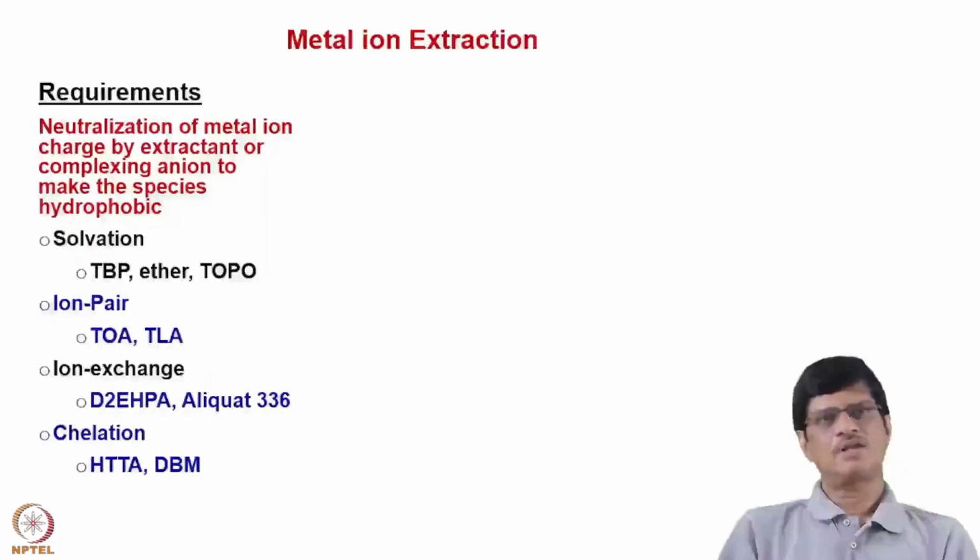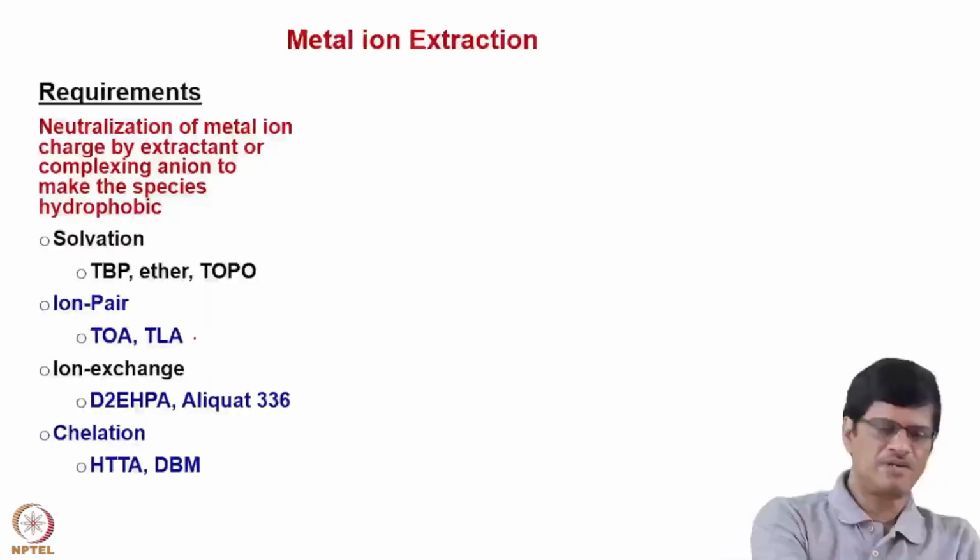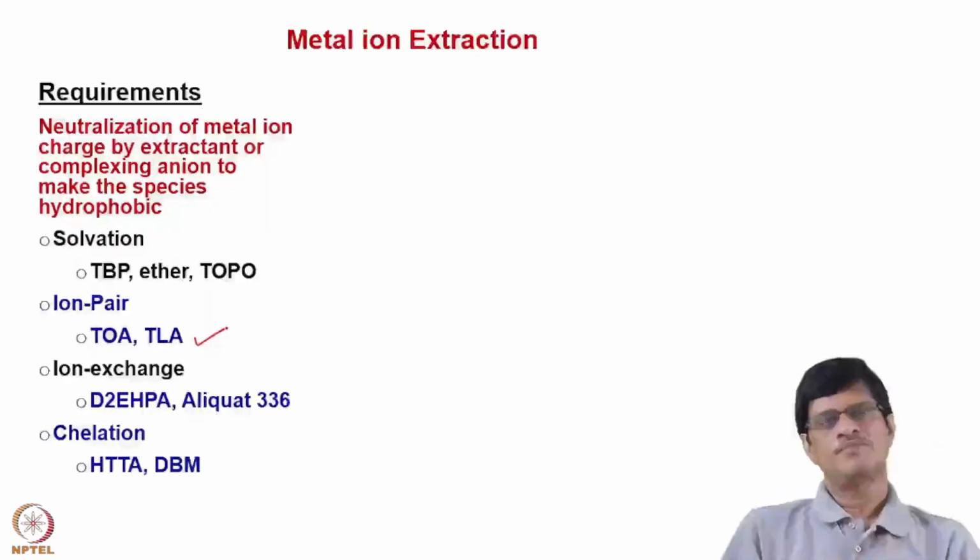So there are different types of extraction mechanism: solvation, ion pair, ion exchange, and finally chelation. The extractants can also be classified as neutral, acidic, as well as basic extractants. The basic extractants are the amines like trioctylamine or trilaurylamine, which I have mentioned here for ion pair extraction.